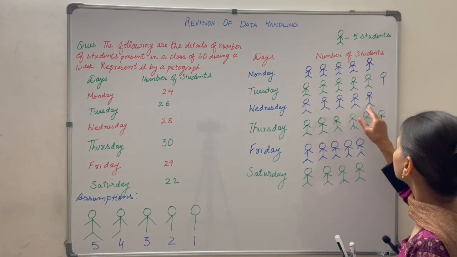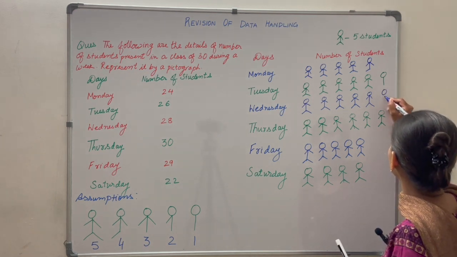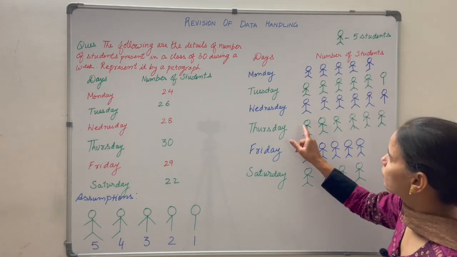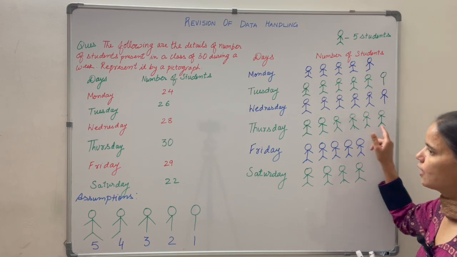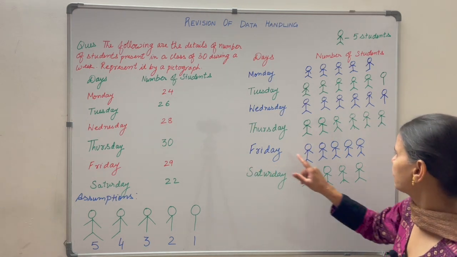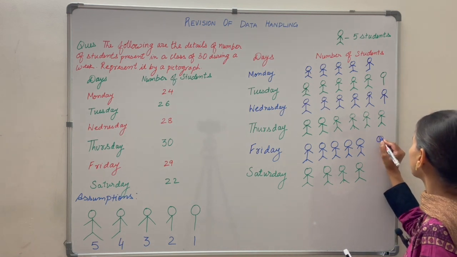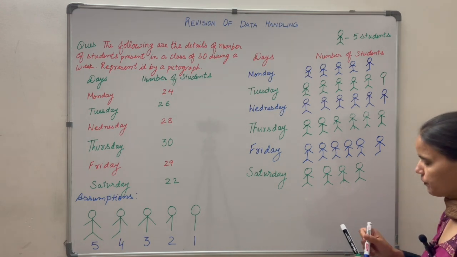10, 20, 25. So you need to make 3: 1, 2, 3. Then for Thursday 30: 10, 20, 30. Done. For Friday 29: 10, 20, 25. So 26, 27, 28 and 29.